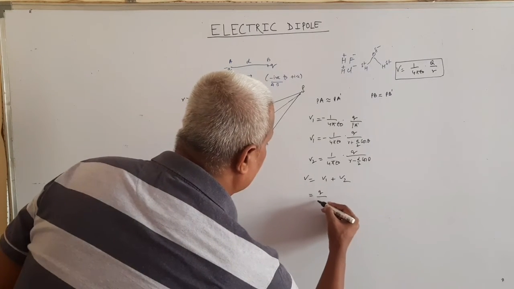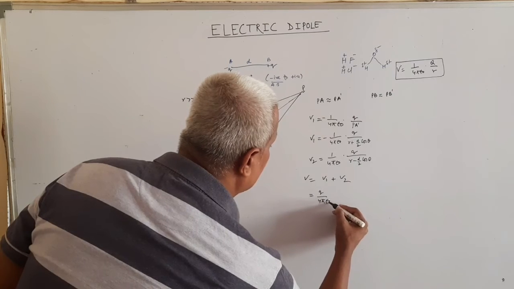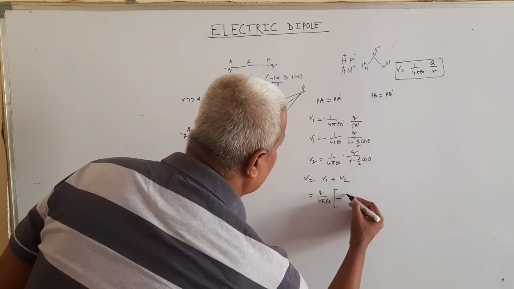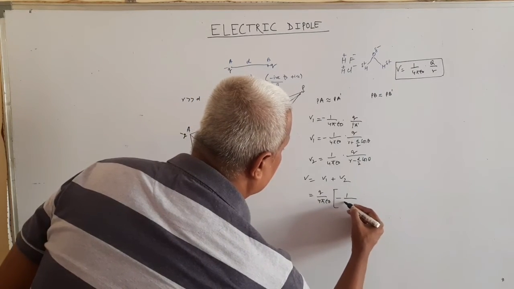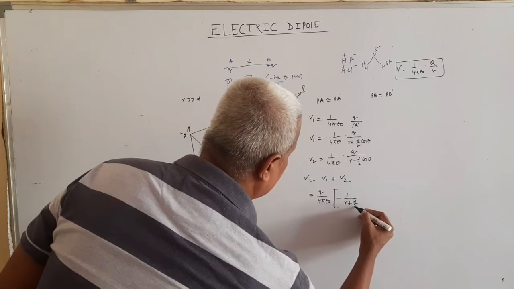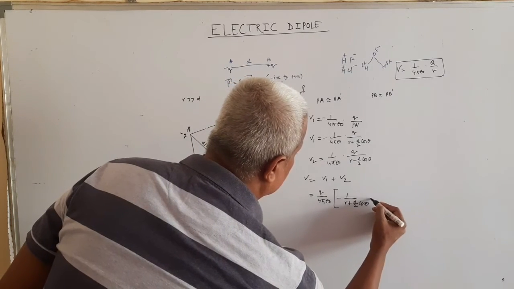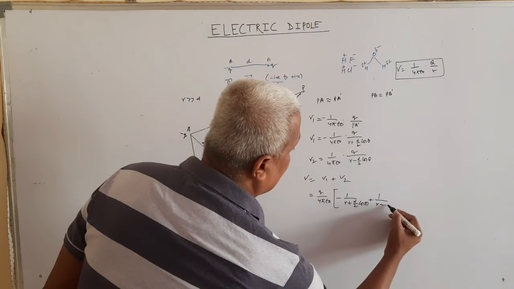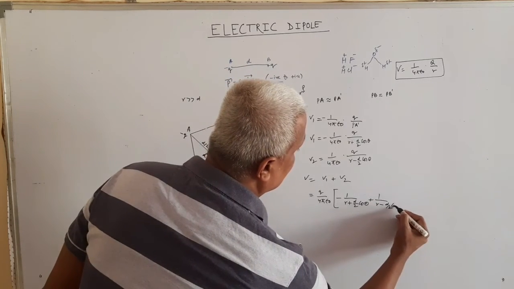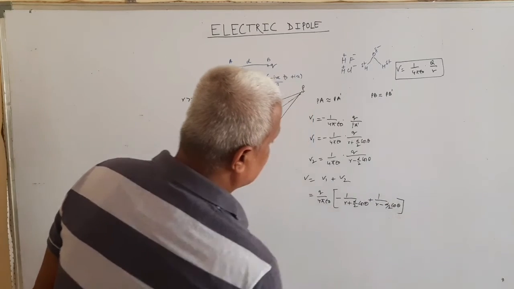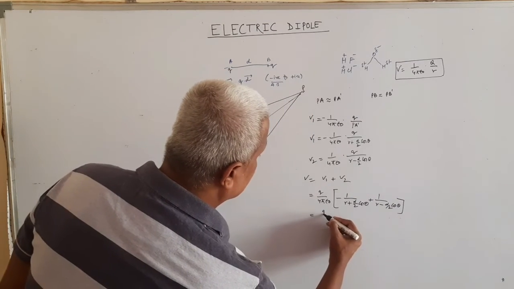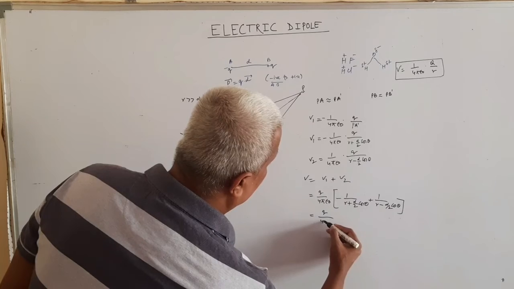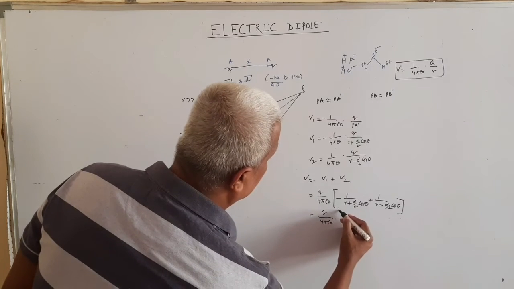So Q over 4 pi epsilon naught common, and then I have 1 upon R plus d by 2 cos theta plus 1 upon R minus d by 2 cos theta.